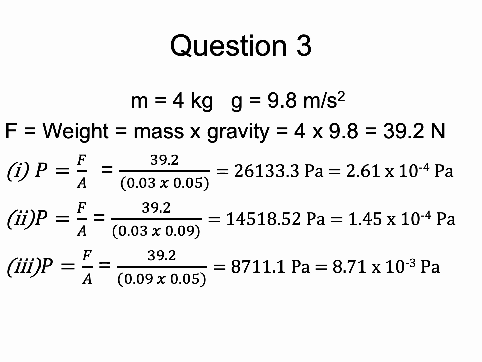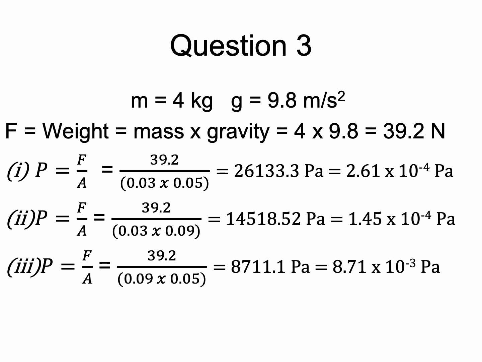You then had 3 different calculations to do depending on which side of the block was in contact with the surface of the table. The first side they asked us to look at was side A, which has a surface area of 3 multiplied by 5 centimeters.